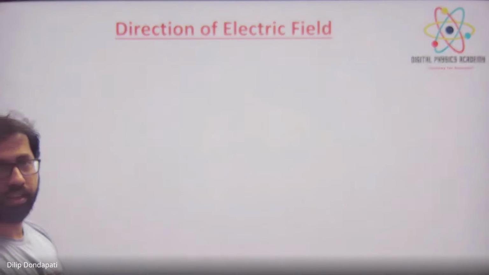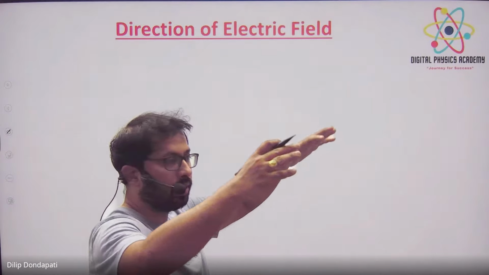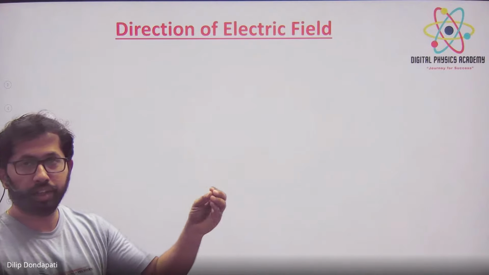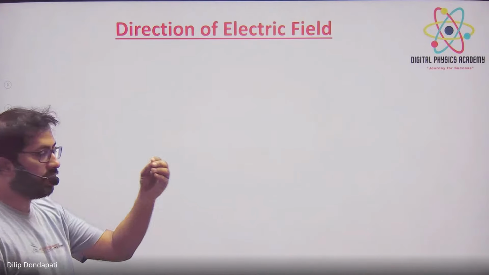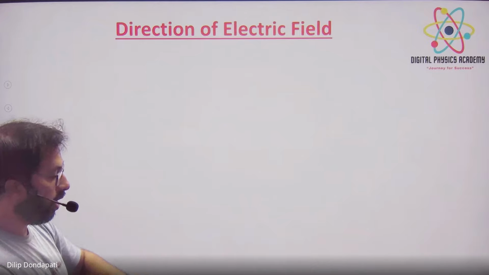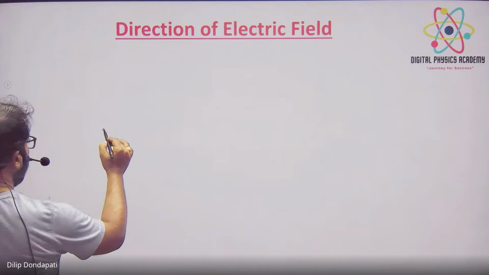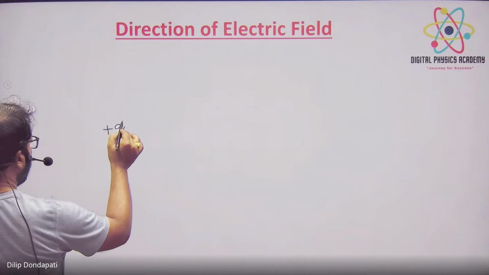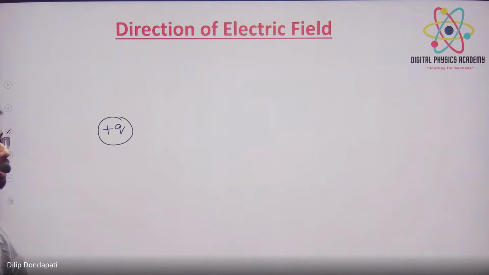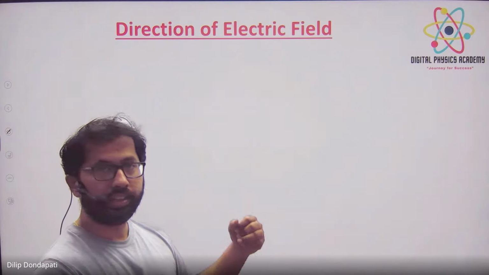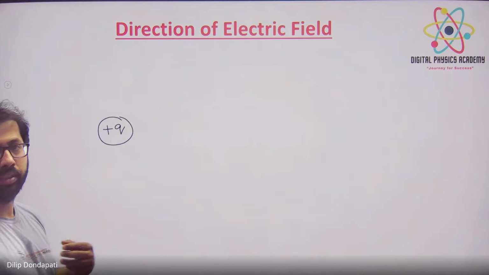Now direction of electric field. Okay, we understood that there is a space around the charge, there is an electric field there, and any other charge if I place in that field, there is a force. Direction देखेंगे. Suppose मान लो positive charge Q I put. So electric field direction कैसा रहेगा? It is away na towards her.